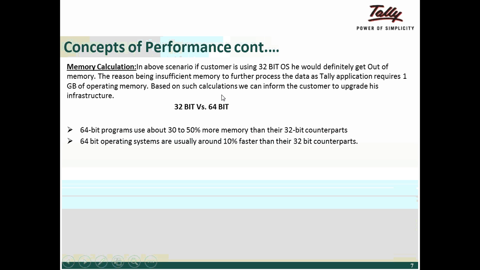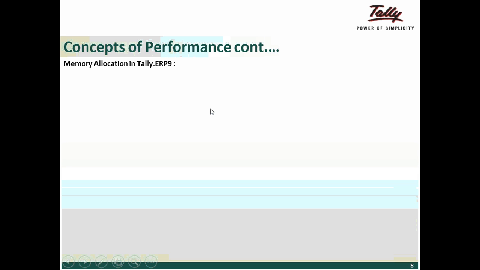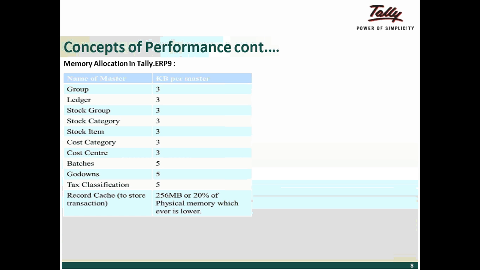So next we will go to memory allocation in Tally. How does memory allocate in Tally, right? Basically you can see the memory consumption, or the KB, kilobytes, per master. If you have a group, per group it requires 3.